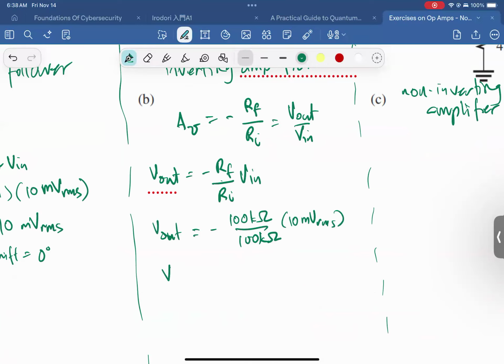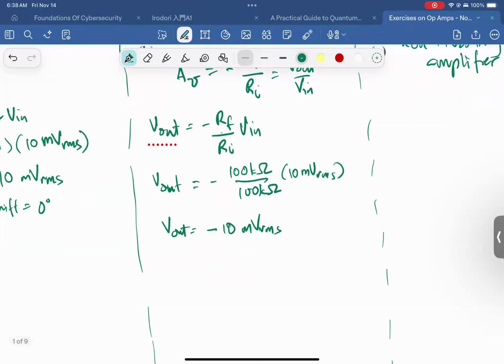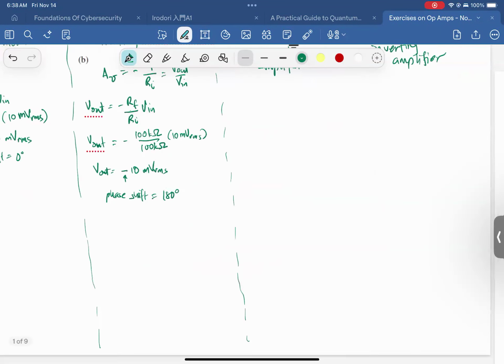So ang output voltage ay equals sa negative 10 millivolts, or 10 millivolts RMS. So it's unity gain, okay, pero meron kang phase shift na 180 degrees, as indicated by the negative sign.